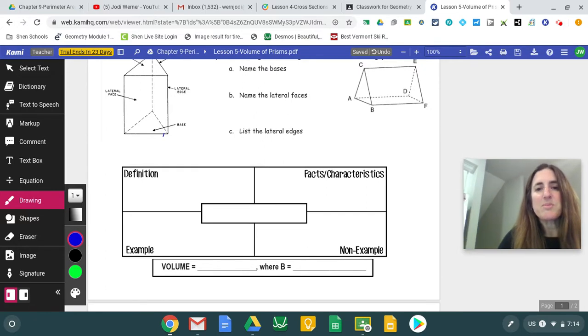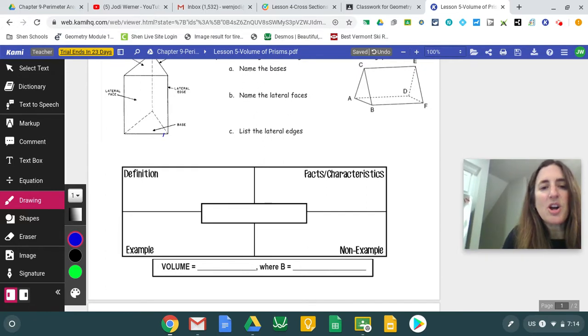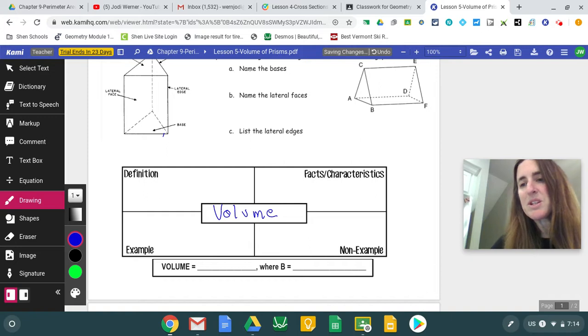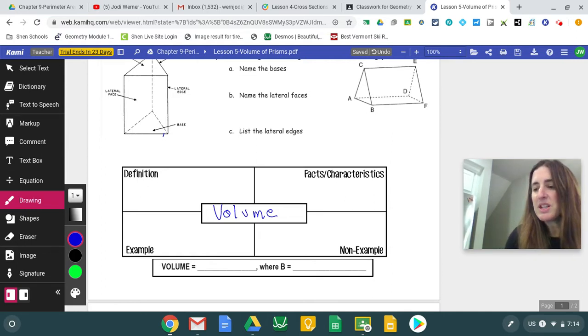Now that we know what a prism actually looks like, we're going to talk about the volume of the prism. Now, volume is different than what we've been doing with perimeter and area. Those work with 2D shapes, but we're going to be finding the volume. That involves a 3D shape.